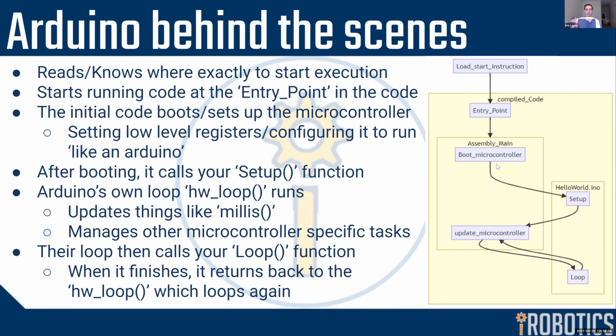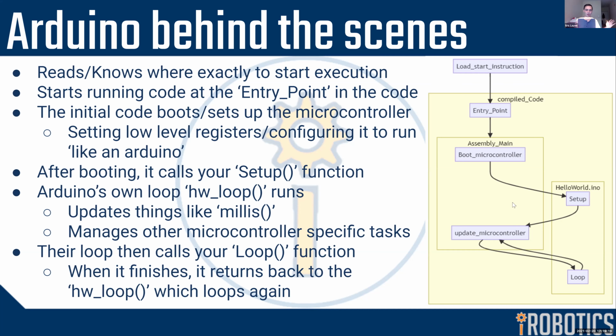And then after all that's done, it actually runs your setup code. Once your setup code runs, it actually runs another loop, which is like the main update microcontroller loop. So this does everything from updating millis. So it says, okay, it's been enough time for millis to go up by 1, stuff like that. So that loop is running kind of in the background.